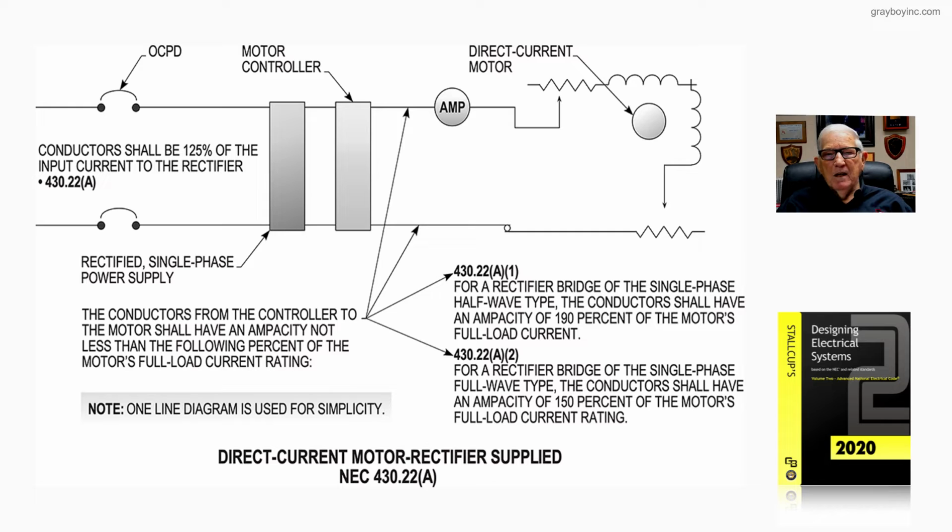Now where a rectifier is provided, which it would be, we look at a certain percentage that we would use times the input current rating of the rectifier, and notice 190% where the rectifier bridge is of the single phase half wave type is used to provide the DC.